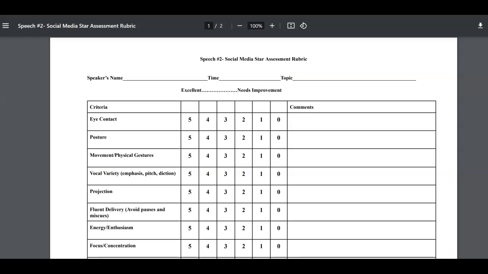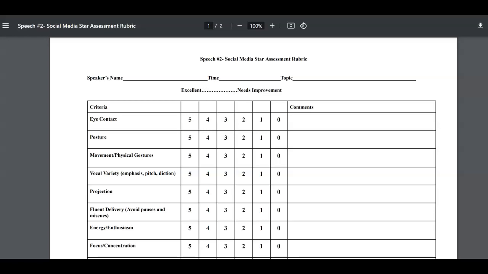So eye contact is one of those things that is really hard to get right until you're actually doing it in a real life situation. We're in a simulated situation here where you're giving a speech to a camera, simulating giving it to a crowd in a regular classroom, and that's taken a lot of the immediacy out of speech giving.